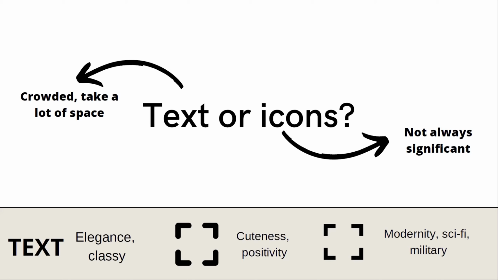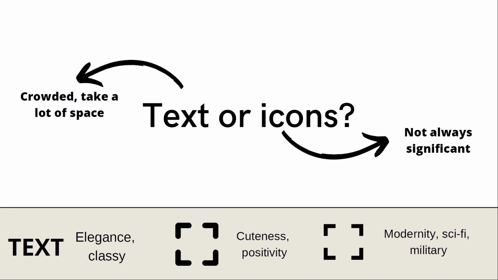Once again, different types of buttons convey different types of feels. Text has some kind of elegance and classiness, while rounded icons give a sense of cuteness and positivity. It's nice to look at. And sharper kinds of icons are more in the modernity and sci-fi, military kind of vibe, for example.